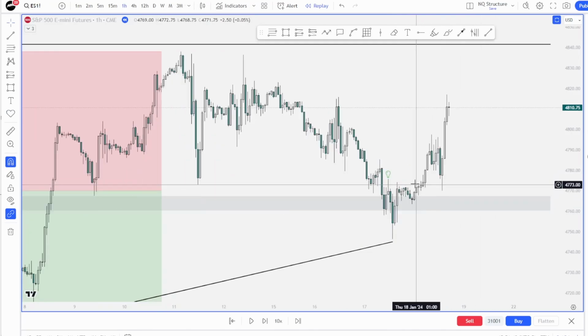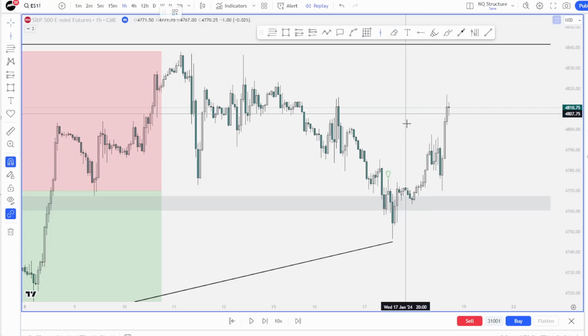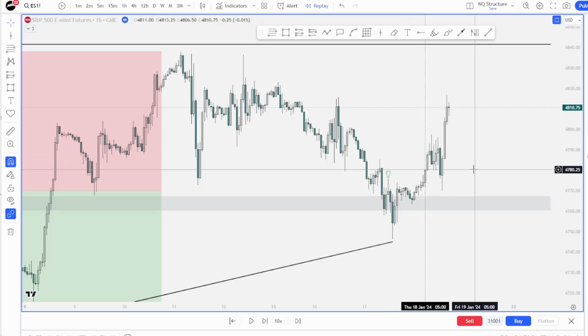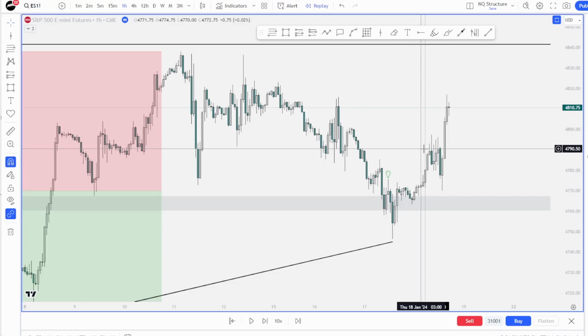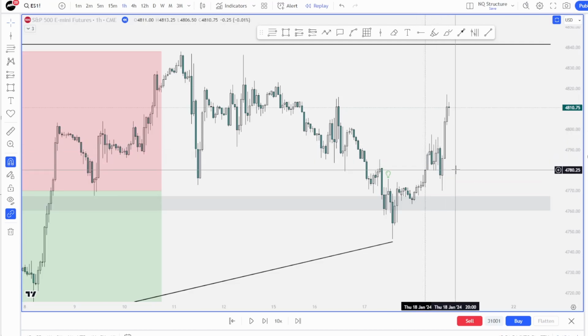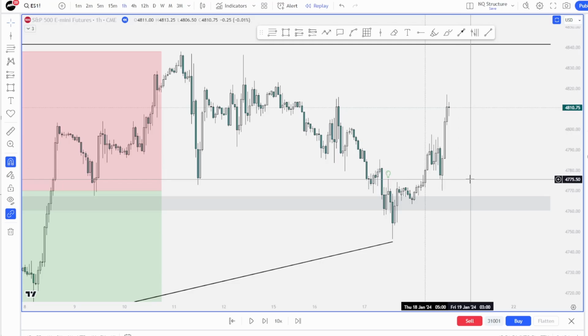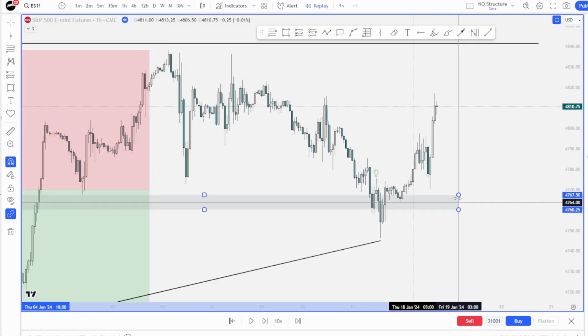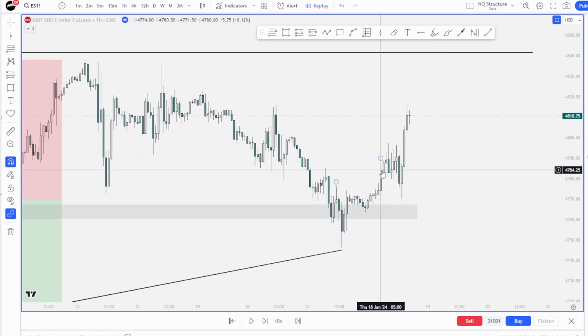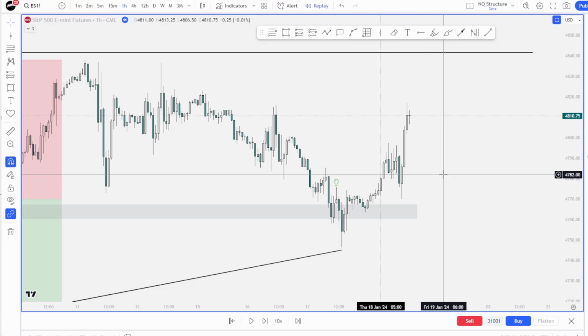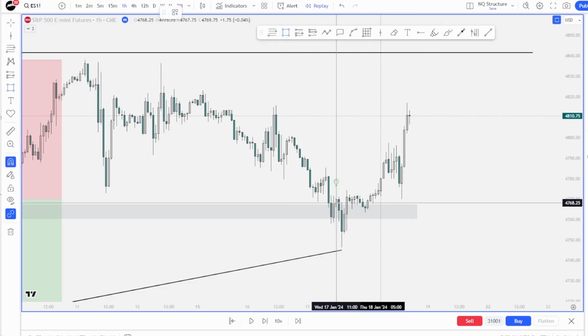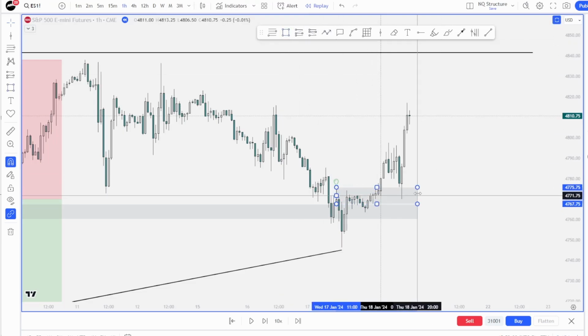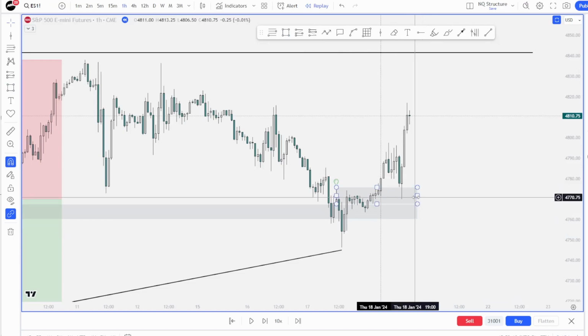Price doesn't break structure just yet, up until we get into the end of London at 5 a.m. And now price moving into the New York AM session doesn't look like the means of opportunity were there just yet. But what price did when it got into the PM session, after we had that confirmed shift in structure, is retrace into this hourly bullish breaker block.